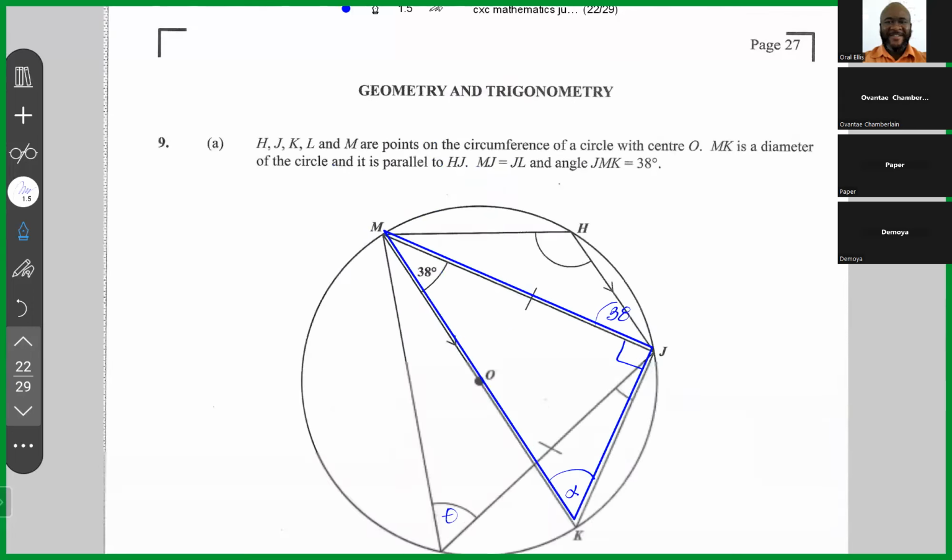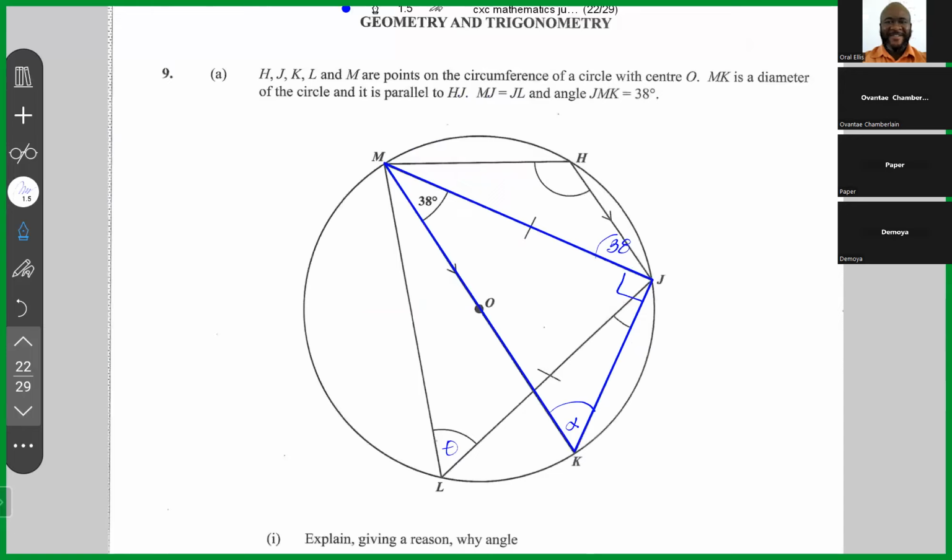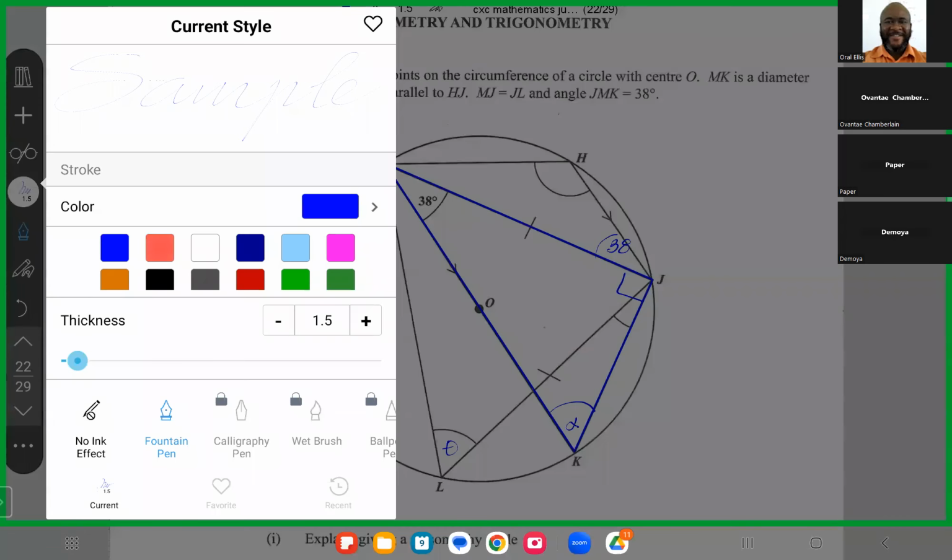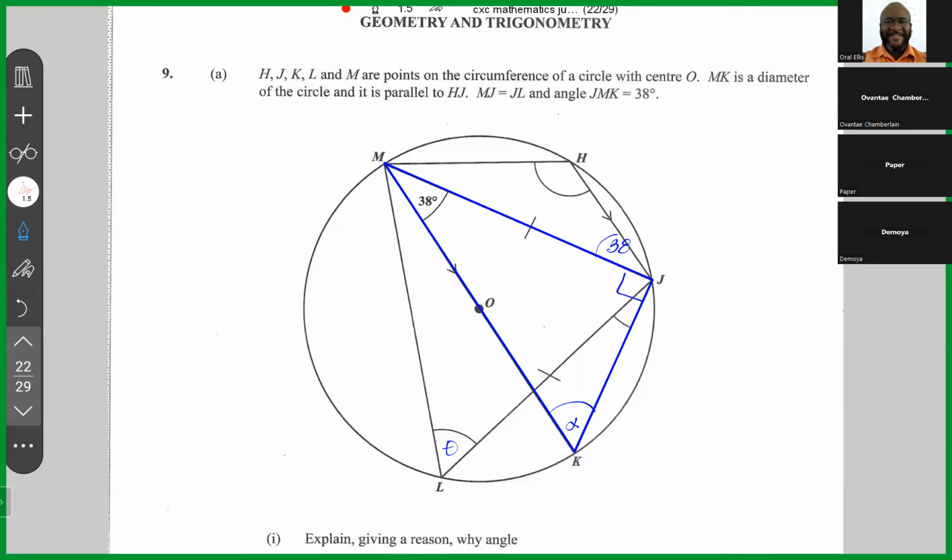Going back to the diagram, let's change the color, because now these two angles here, the angle at L. All right, let's go triangle instead.